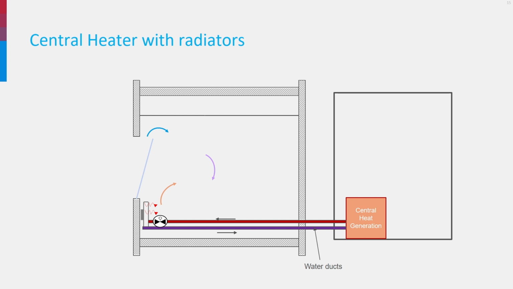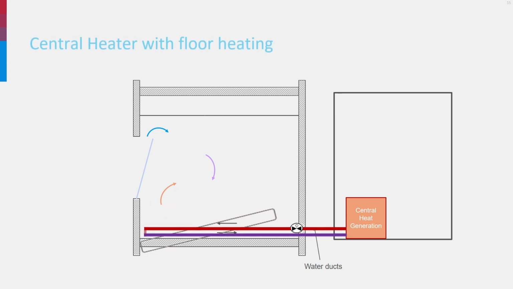Observe the valve. The radiators can mostly be controlled at room level. Very often there is also a room thermostat telling the heat generator when to produce heat and when to stop. And of course the radiator can be replaced by floor heating if the building is well enough insulated.